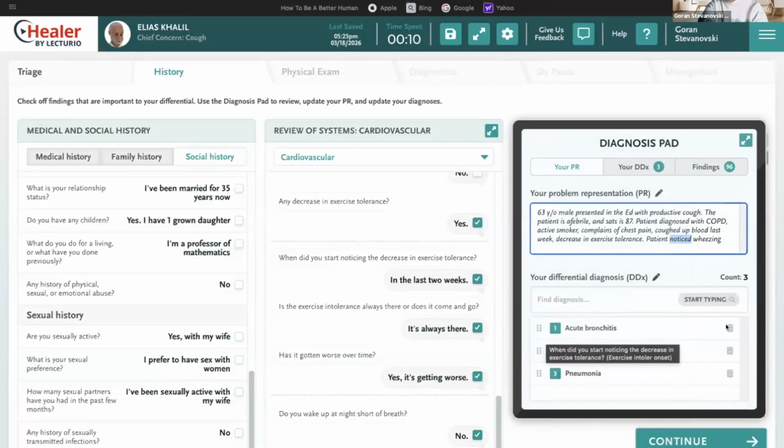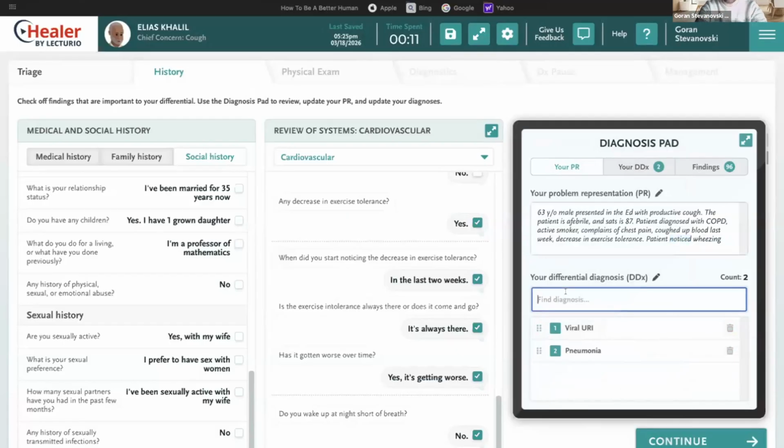Acute bronchitis kind of falls out because we really don't have anything suggesting that this patient has acute bronchitis, potentially chronic, but that's part of the COPD. So we definitely need to add COPD, but in this case, it's an acute exacerbation of COPD. So there it is.